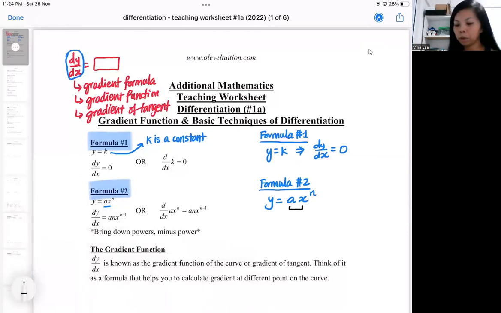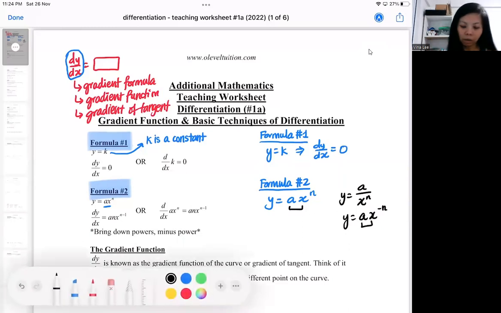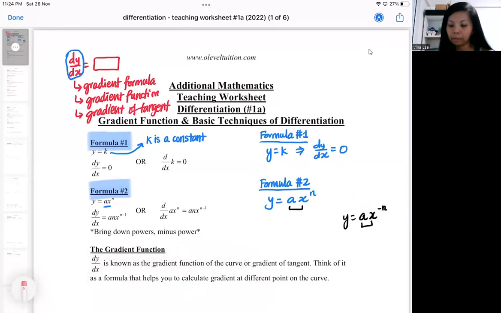In a situation where you have something like this, it doesn't work because the x is at the bottom. In such a situation, you actually need your indices to make the x and the number side by side. Later on, there will be some amount of indices. So there is a condition to apply rule number 2: x must be side by side with the constant.